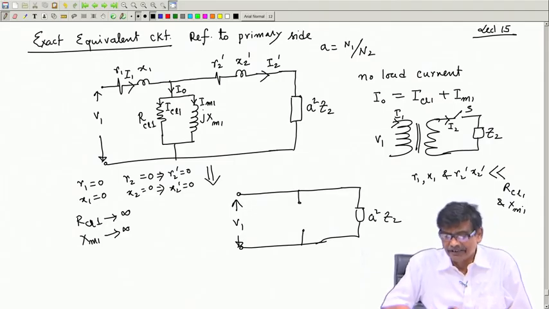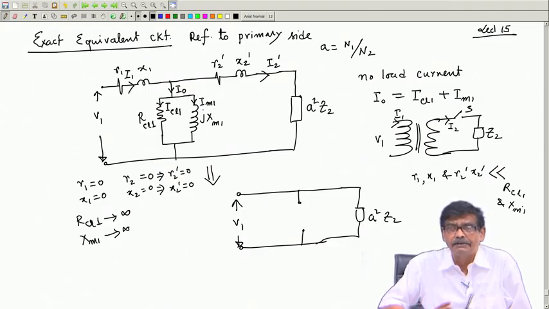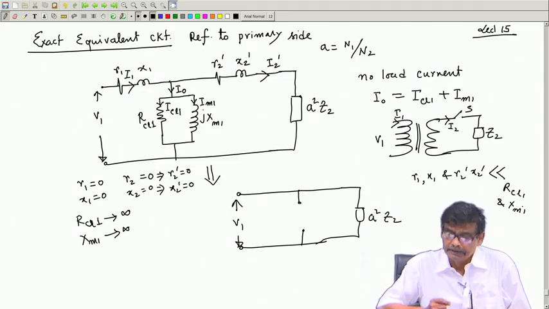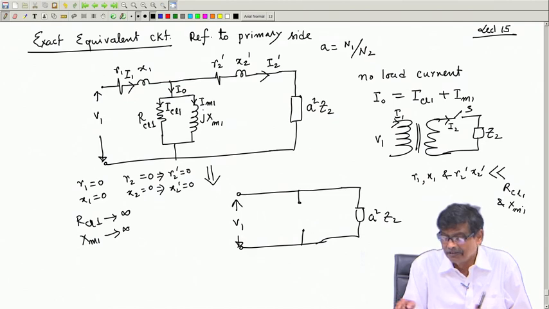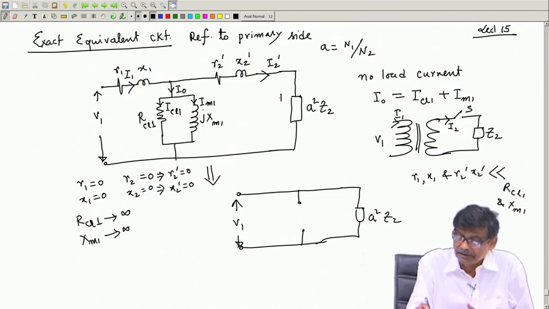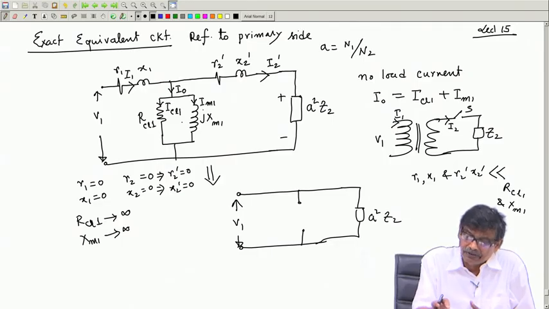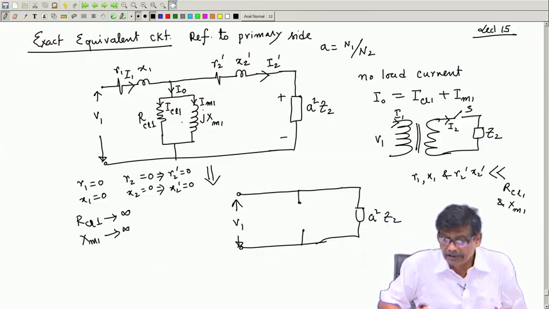Therefore, people started thinking, okay, this is a circuit, if I know all the parameters I can solve it, but computationally it will be somewhat heavier, in the sense that these are all AC circuits, phasors you have to draw, this voltage will be present and so on, then add this drop to get this voltage, then to this voltage you add this one all phasorically, and you will get the exact solution, no doubt about that.